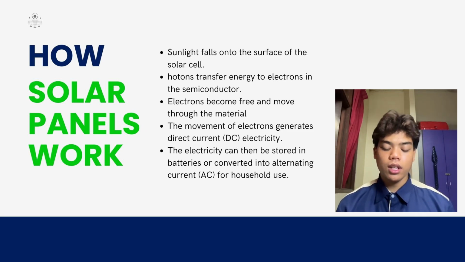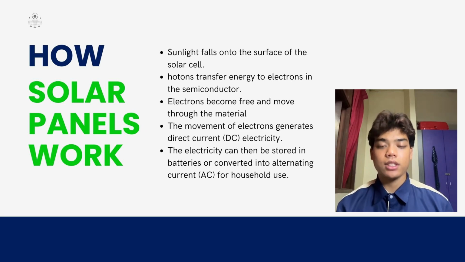The movement of electrons generates direct current, DC electricity. The electricity can then be stored in batteries or converted into alternating current, AC, for household use.